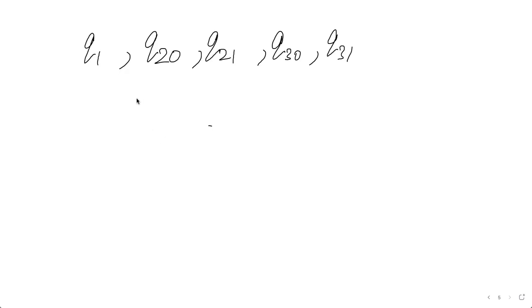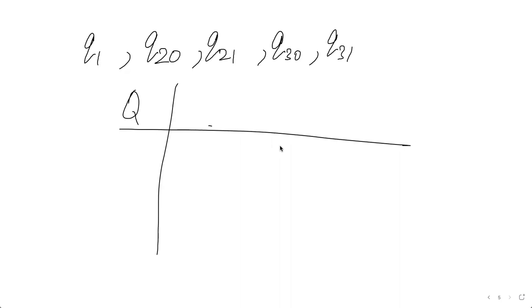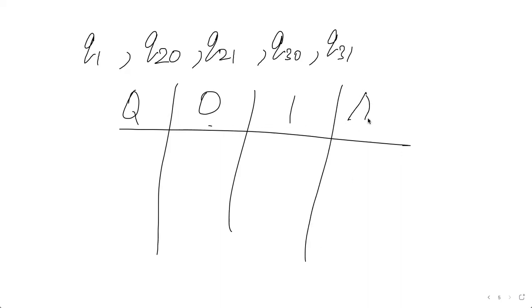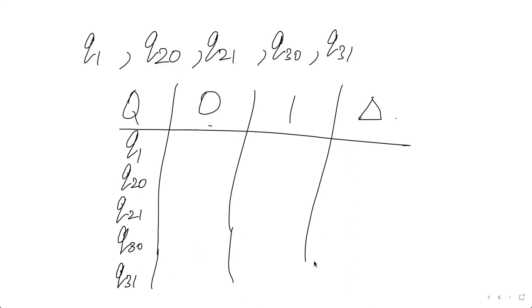So we'll pick up the state, the next state on 0, the next state on 1, and the delta. So Q is Q1, Q20, Q21, Q30 and Q31.